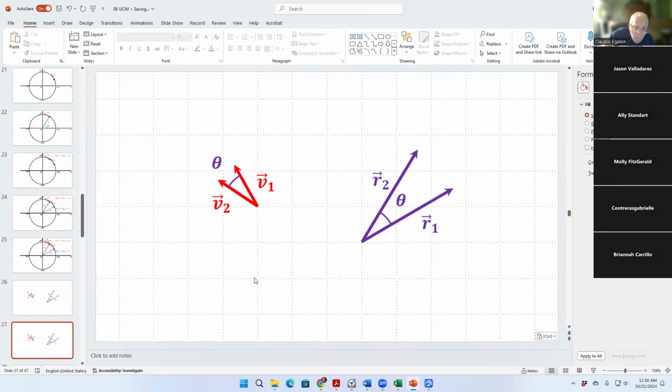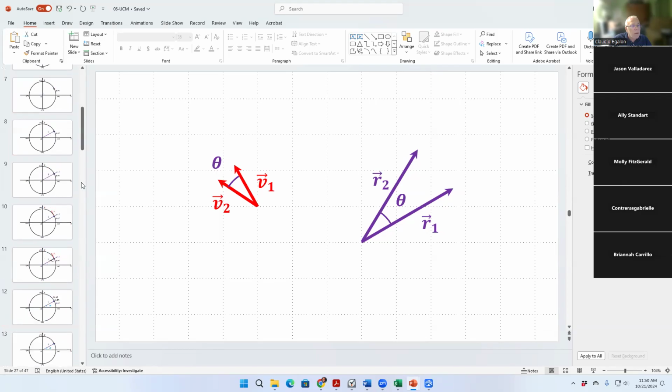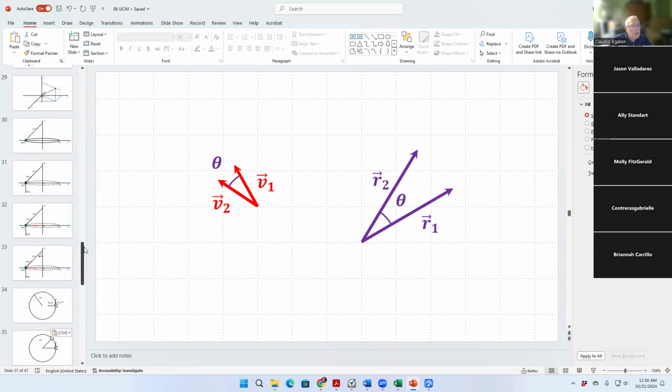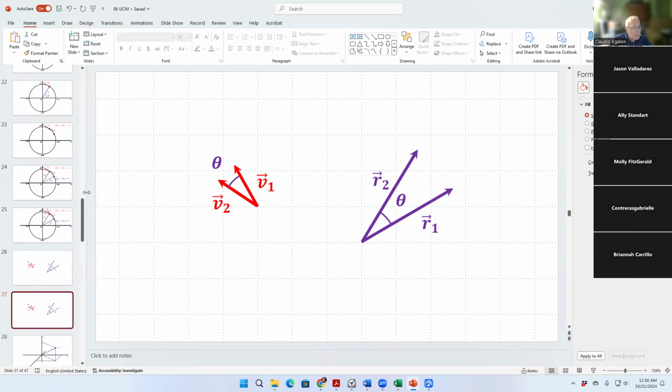Now we're going to go to the next case, okay? Similar triangles.